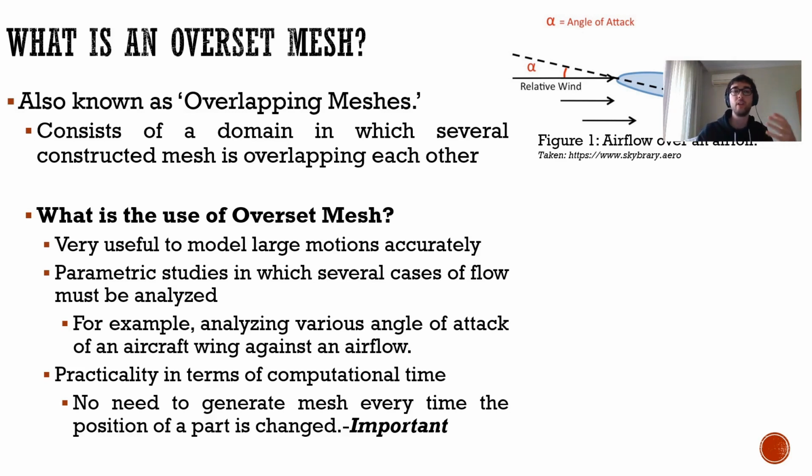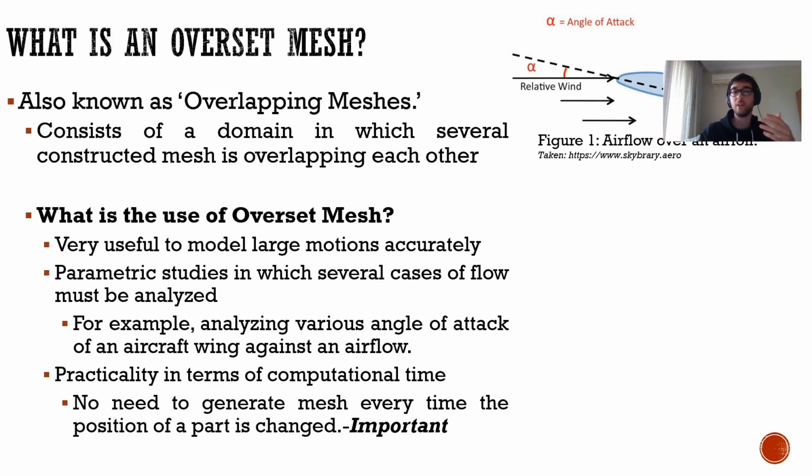It is generally used to model large motions accurately, such as a car traveling at 100 kilometers per hour on a road, let's say, or a plane traveling at 700 kilometers per hour in the air, stuff like that.